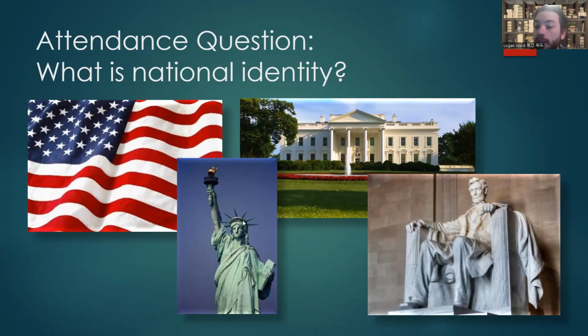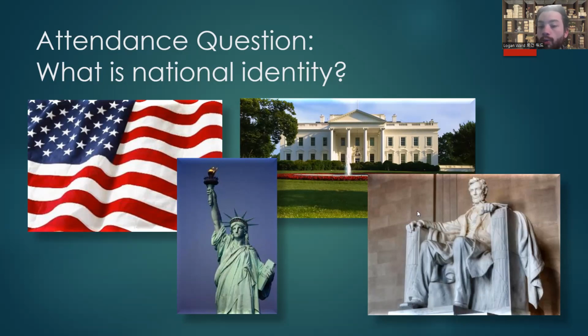We have the Statue of Liberty, which is more like a monument symbolizing the ideology or the values that we're supposed to share. The White House, which is more that symbol of the government, right? Who is supposed to set onto the people what that national identity looks like and is supposed to be like.